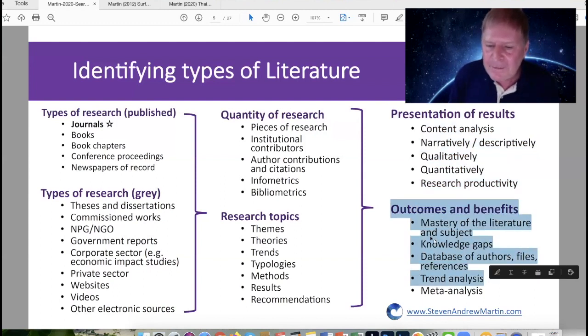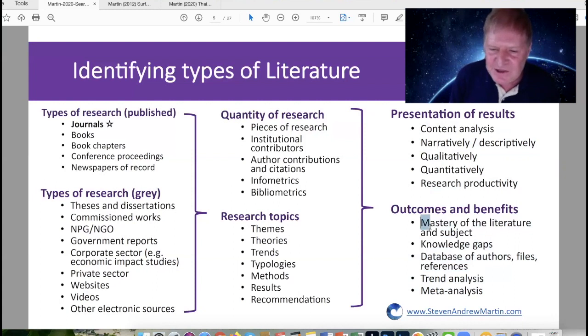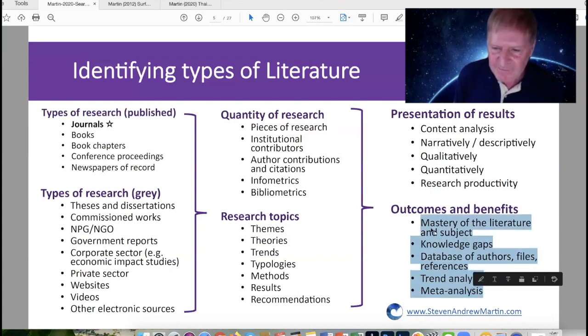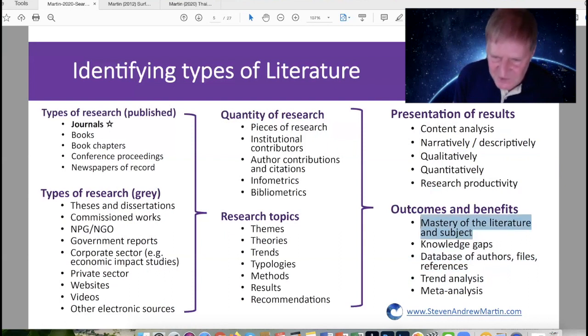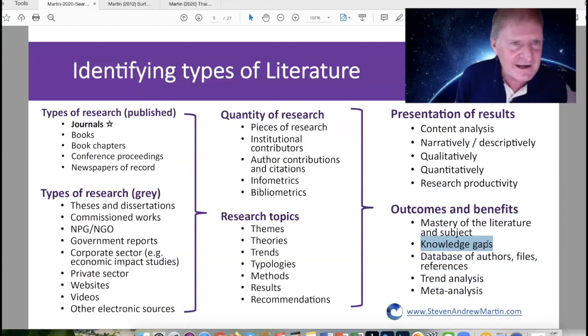Okay, and then the outcomes and benefits, which I want to really bring to light as I go through the presentation. The value of mastering the literature of a subject, being able to identify knowledge gaps. I think we all remember that from doing our PhDs, that we have to find a knowledge gap to exploit or explain in our work.